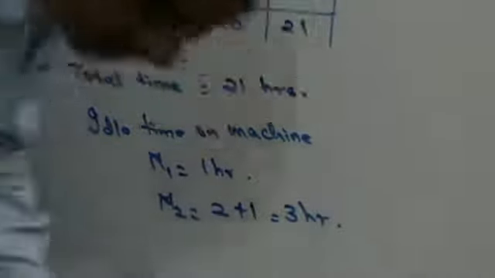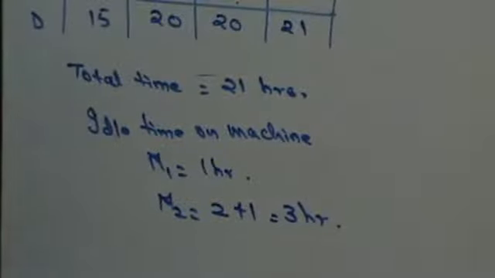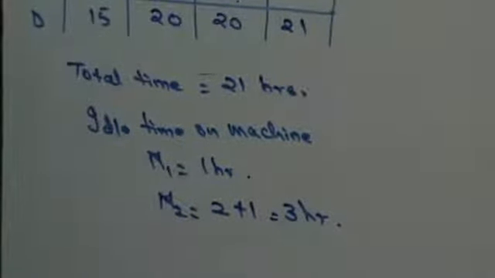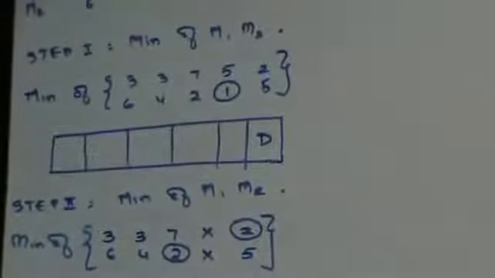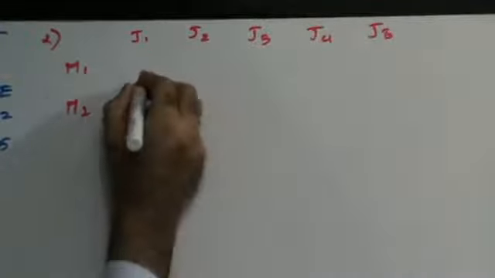Let's see another sum, guys. They said that machine 1, machine 2, jobs are J1 to J5: J1, J2, J3, J4, J5.